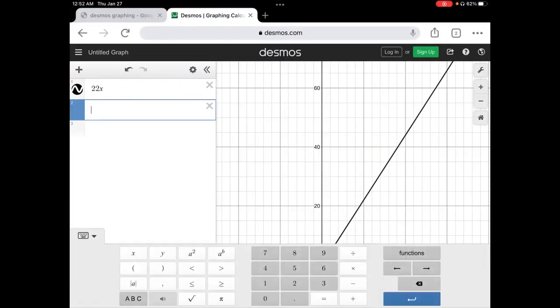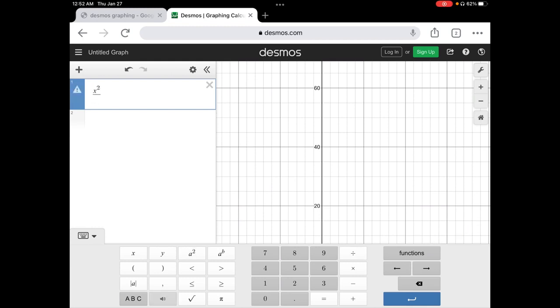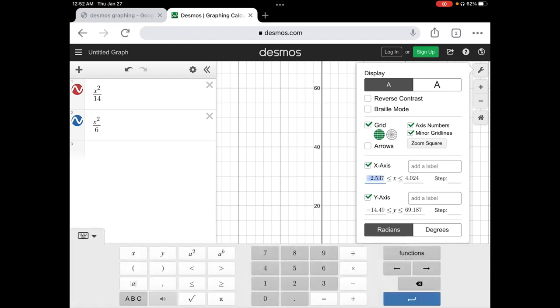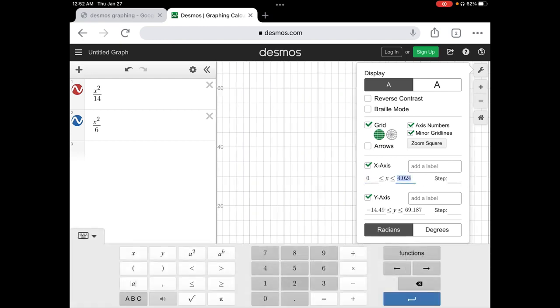I take these two, so x squared upon 14 and x squared upon 6, and the limits are 0 to 20. The x-axis is 0 to 20.